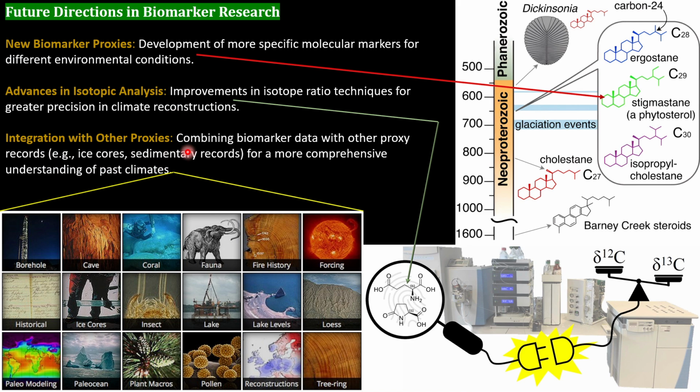Another is to integrate other proxies. If you study biomarkers, you should also focus on others like pollen and tree ring reconstruction. Also correlate with other proxies to be 100% sure that the biomarker result is accurate.